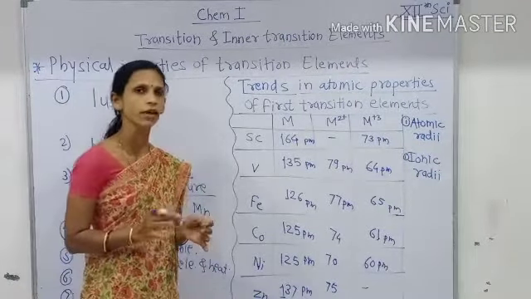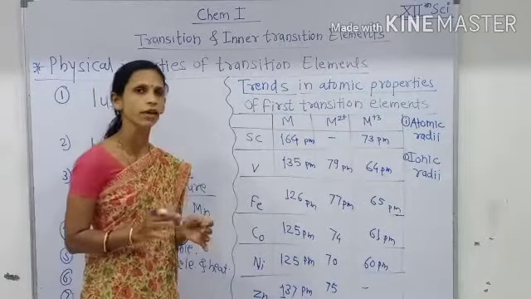Similarly, ionic radii also gradually decrease from scandium up to nickel. That means atomic radii in the first, second, third and fourth transition series decrease from left to right, with some variation. That is due to a few concepts which are beyond the syllabus.